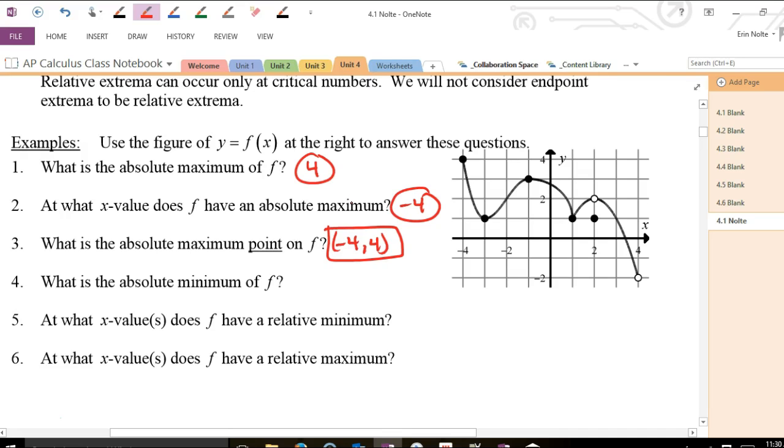Question 4, what is the absolute minimum of this function? What's very interesting about at -2? There's a hole. So we can't say at -2. So what value is approaching -2?